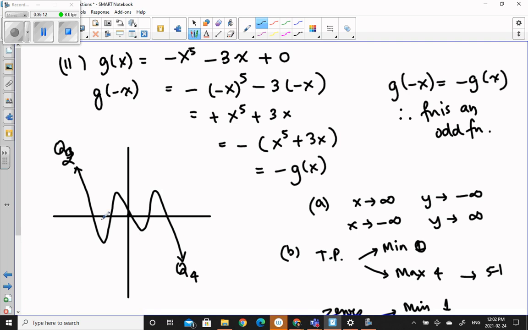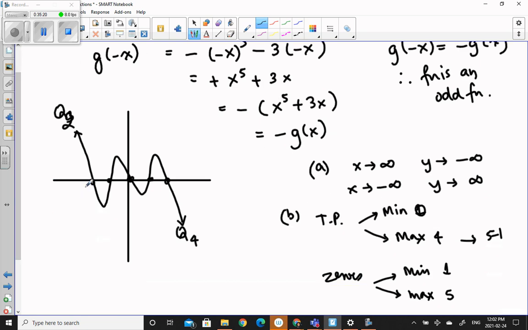Degree 5, and it has 1, 2, 3, 4, 5 zeros. Okay, that could be a possible graph of the function, and it's symmetrical about the origin, so that when you reflect it horizontally and vertically, it ends up looking like this. That could be a possible graph of the function.